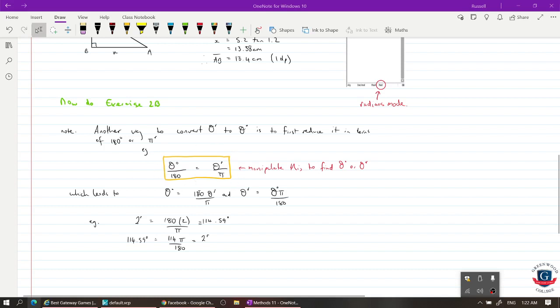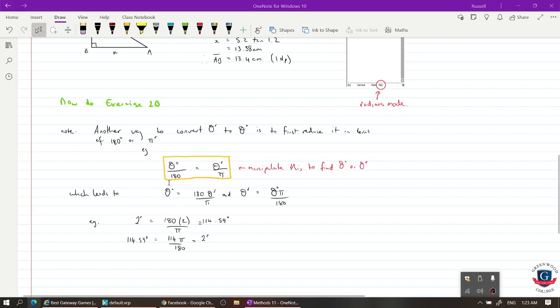Another way of converting between radians and degrees, if you're not comfortable with the balancing method up above, is to memorize this little formula here. Theta degrees divided by 180 equals theta radians divided by pi. Now if you manipulate this equation, you can either find theta radians or theta degrees given a conversion problem.